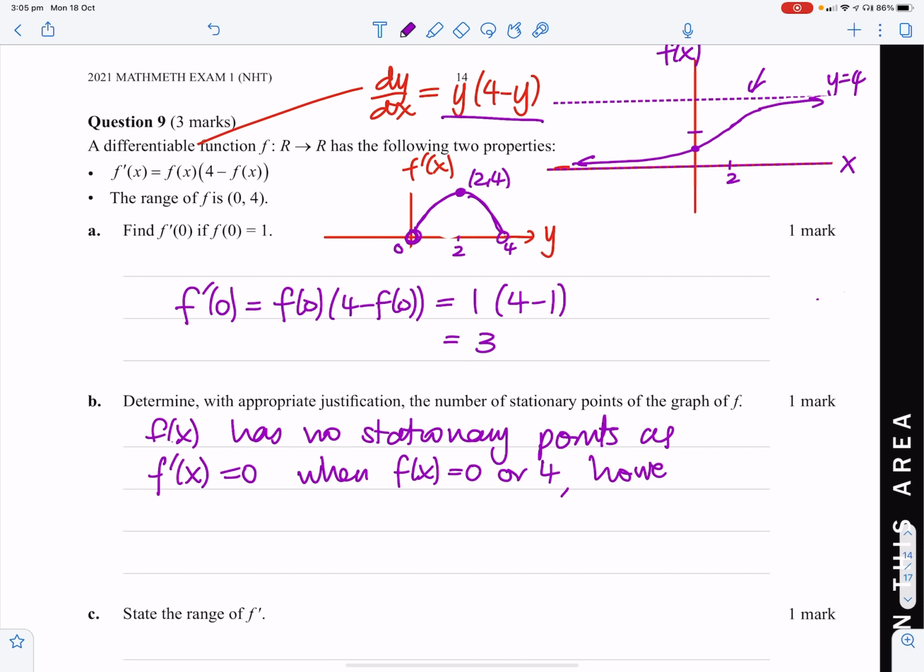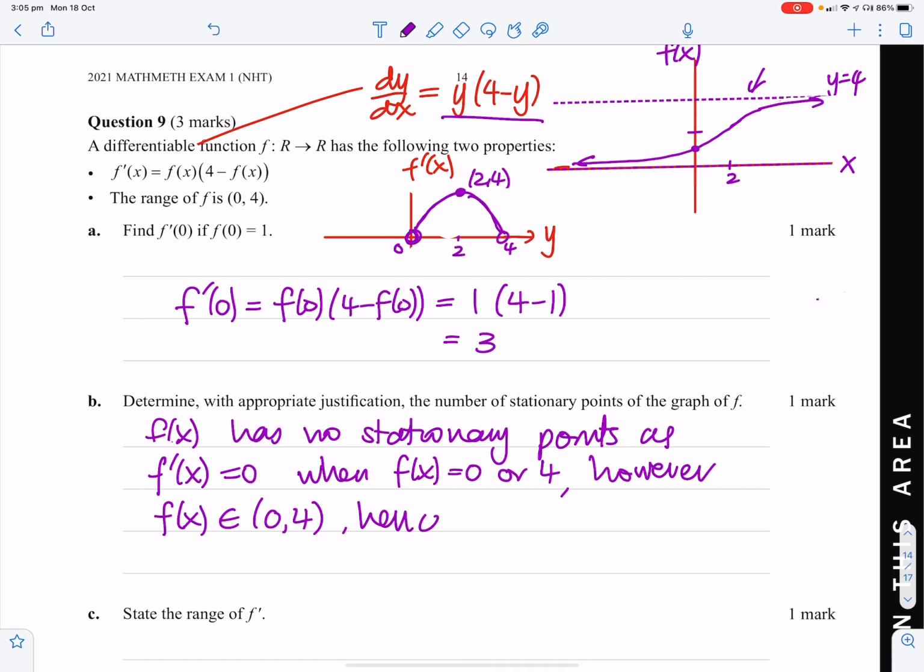However, f of x isn't defined there. f of x is only defined from 0 to 4. So f of x has no stationary points as f dash of x equals 0 when f of x equals 0 or 4. However, f of x is only between 0 and 4.